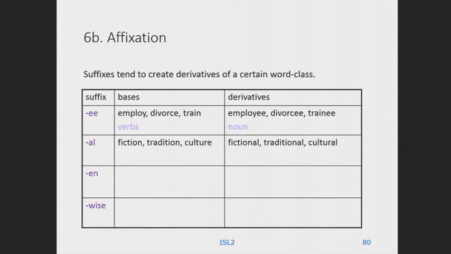All right. So if I stick -ous to fiction, tradition, culture, I turn nouns into adjectives, right? If I blacken something or widen or sicken someone, I have an adjective which I turn into a verb.